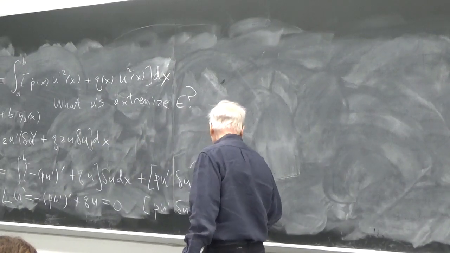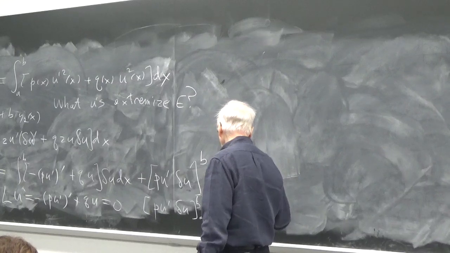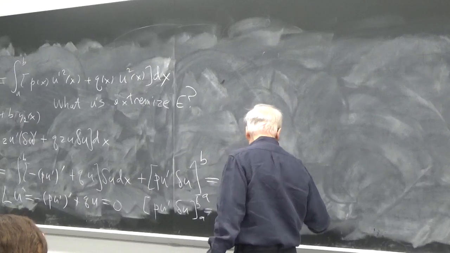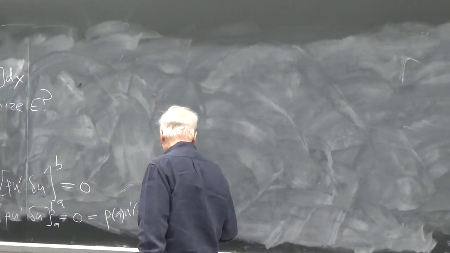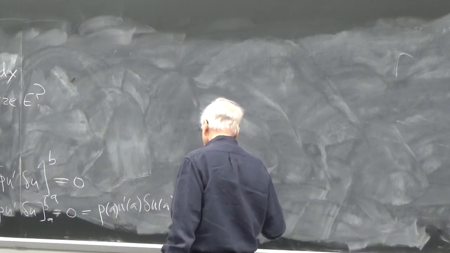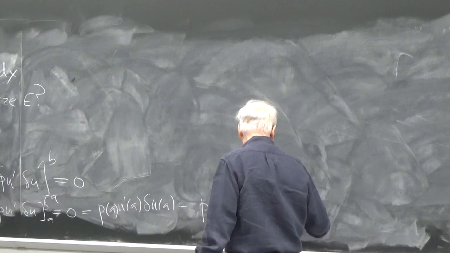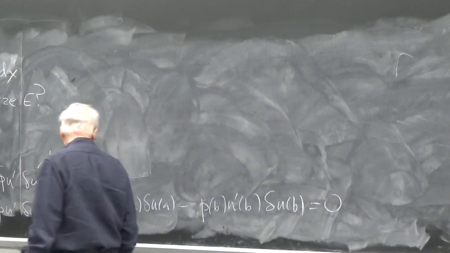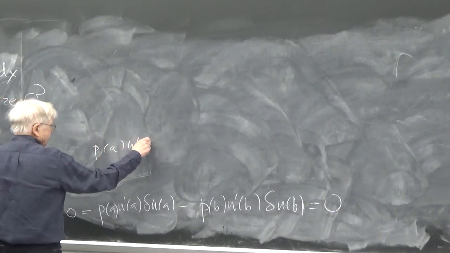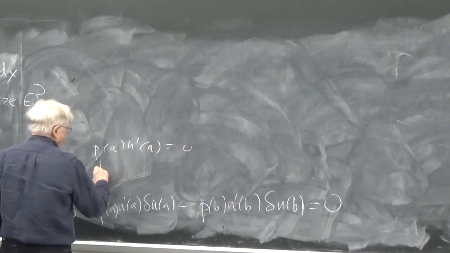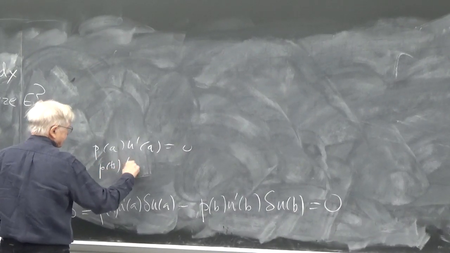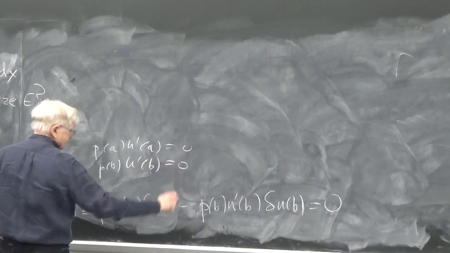Or equivalently, that P of A U prime at A delta U at A minus P of B U prime of B delta U of B should equal 0. And that tells you then that P of A U prime of A is 0 and P of B U prime of B is equal to 0.